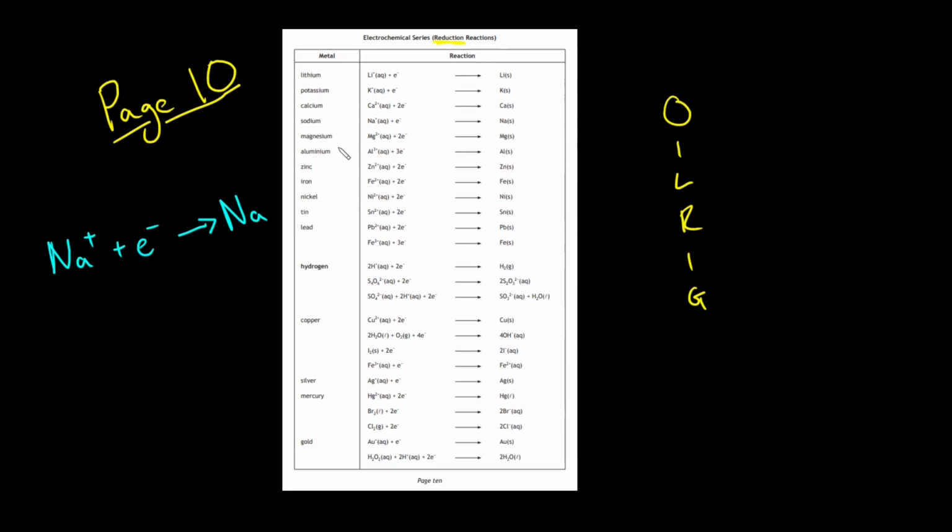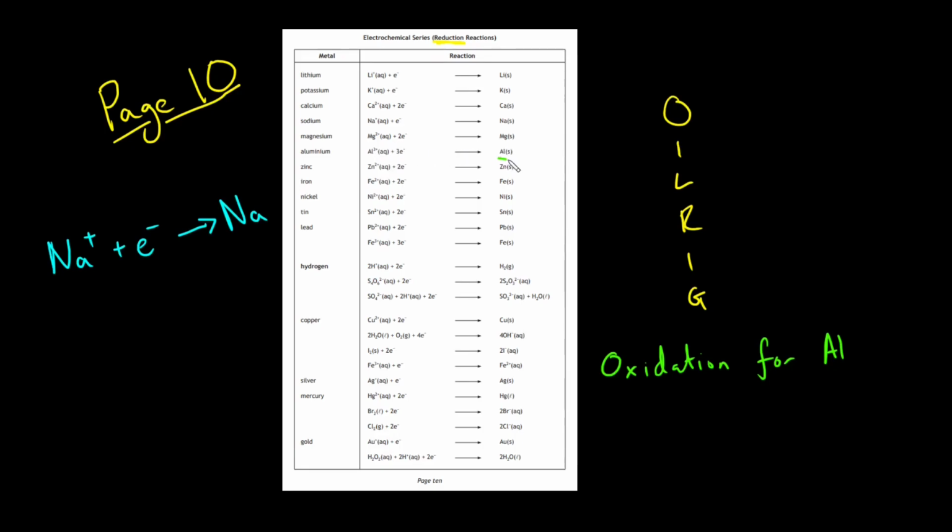Let's say I was asked to write down the oxidation for, I don't know, let's go for aluminium. I wanted to write down the oxidation reaction for aluminium. I would go down, find aluminium. I can't write it exactly as it is here because that would be the reduction reaction. So in order to write the oxidation reaction, I just write the equation in reverse.